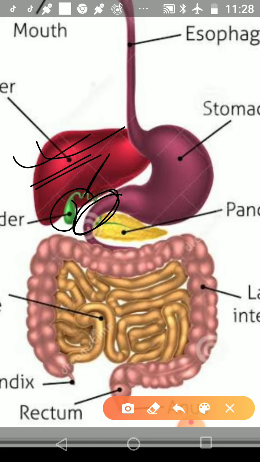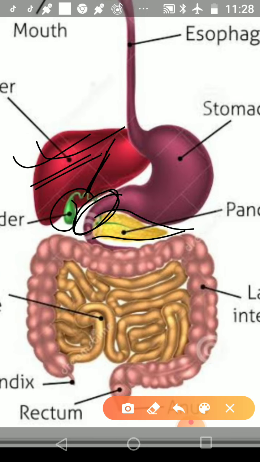So just now we are talking about the glands. The gallbladder is connected with the liver and contains bile juice, and it releases bile juice through this greenish duct into the duodenum. And here we have a leaf-like structure called the pancreas. Where is the location of the liver?